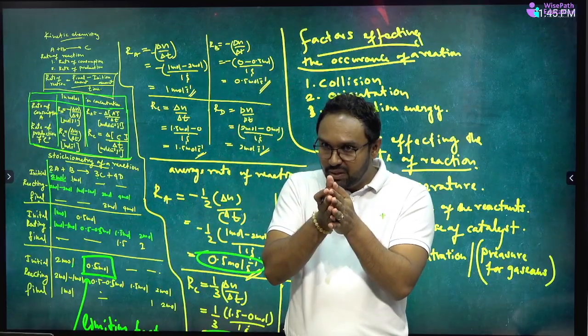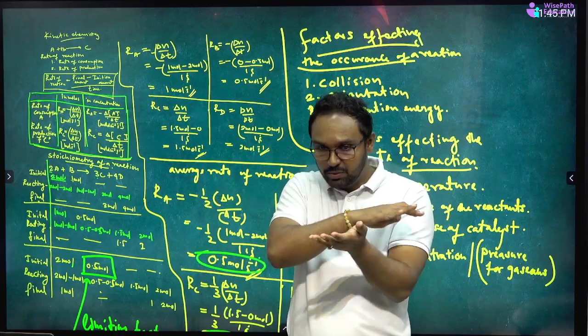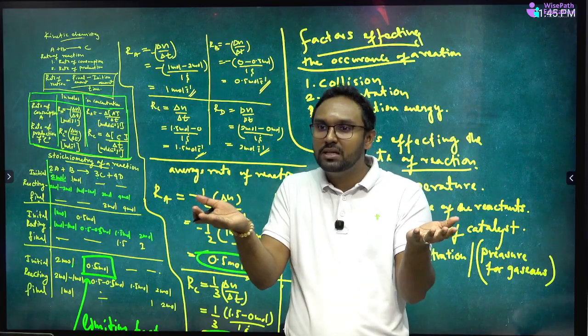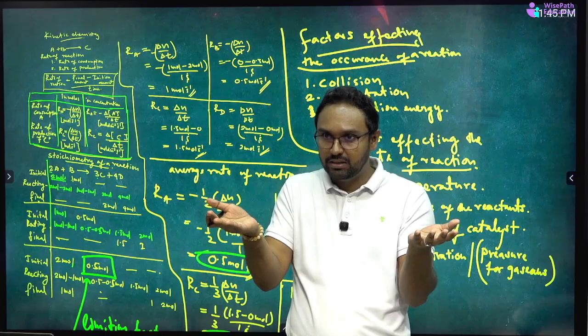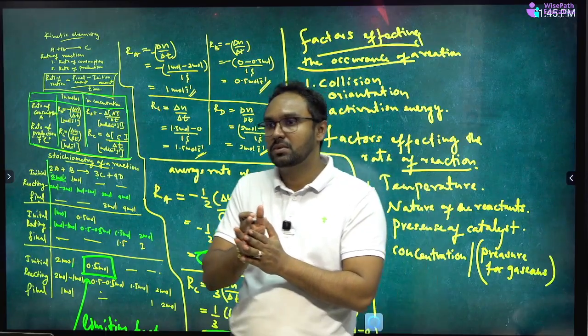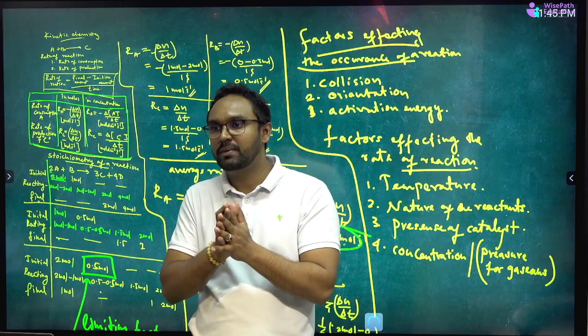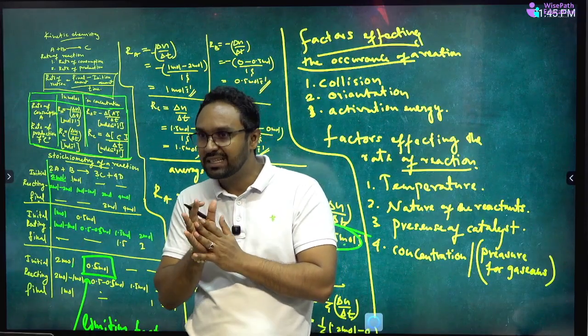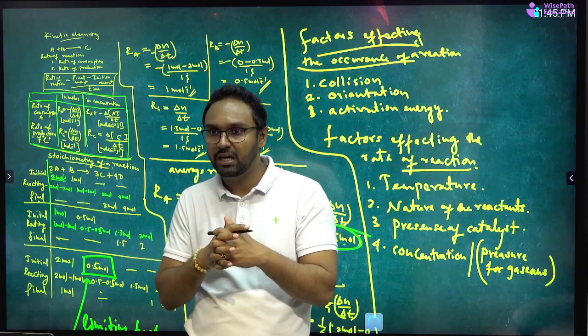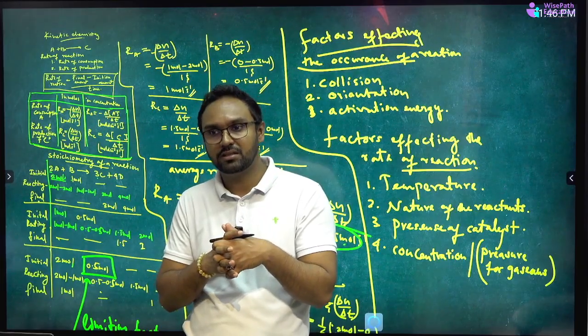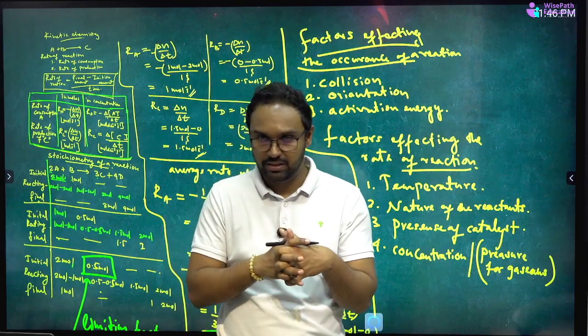When you increase the surface area, which means you powder it, there will be more surface area to react. So the probability of reaction will increase as the surface area increases. Therefore, the rate of reaction increases. You have to remember that.